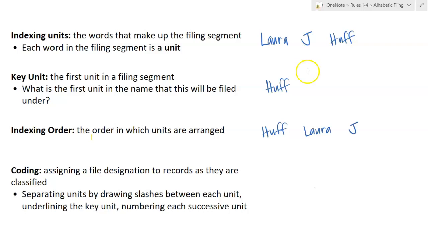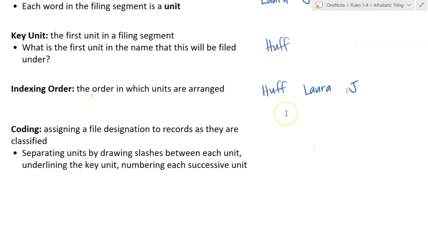And then finally we have coding. Coding is assigning a file designation to the records as they're classified. It tells me to separate units by drawing slashes between each unit, underlining the key unit, and then numbering each successive unit.